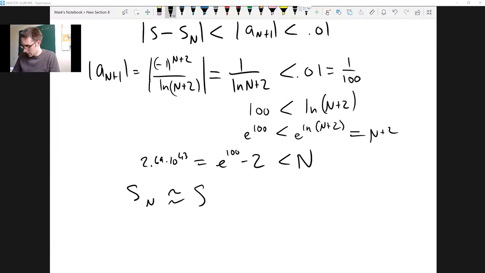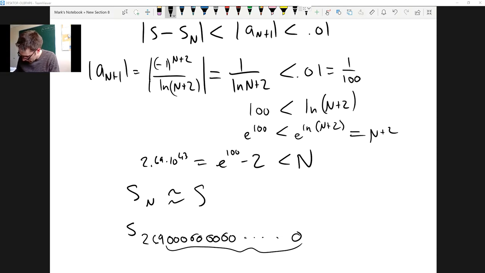And so what that means is, in order to estimate this sum correctly, we would need something like a partial sum involving, well, 269 with like 40 some zeros after it. So there's going to be 41 zeros. We would need to have a partial sum that big to be confident that we're close to the true value.